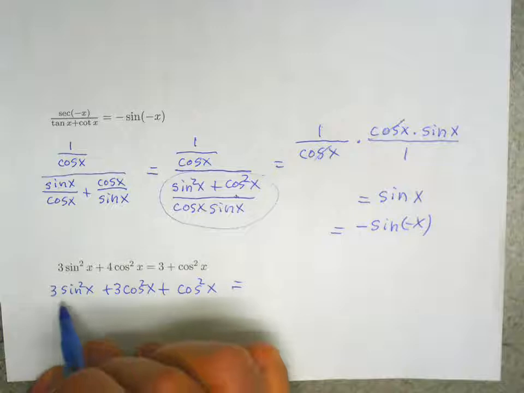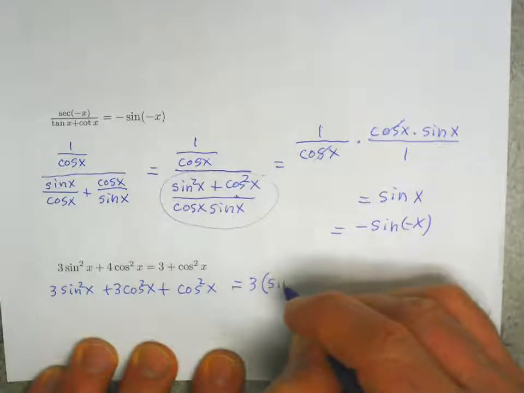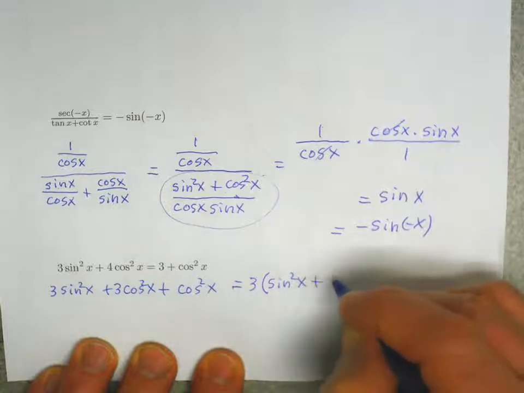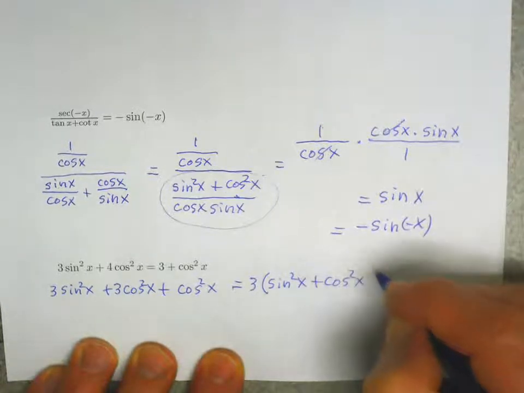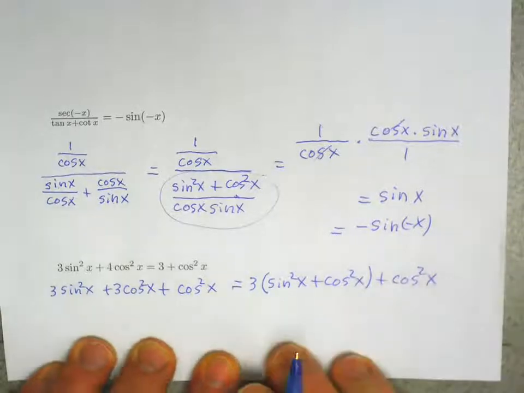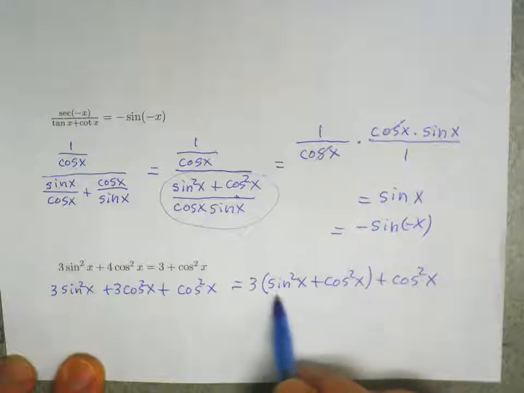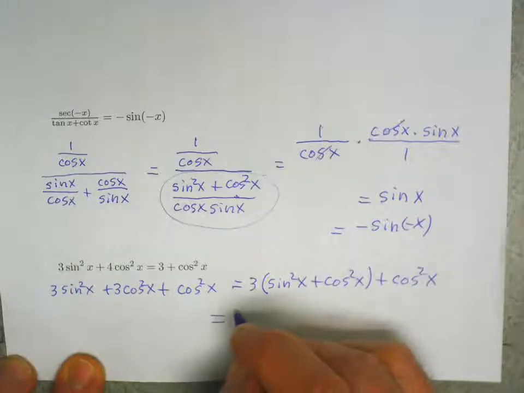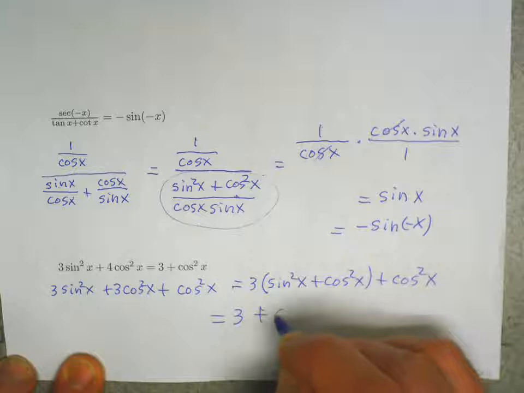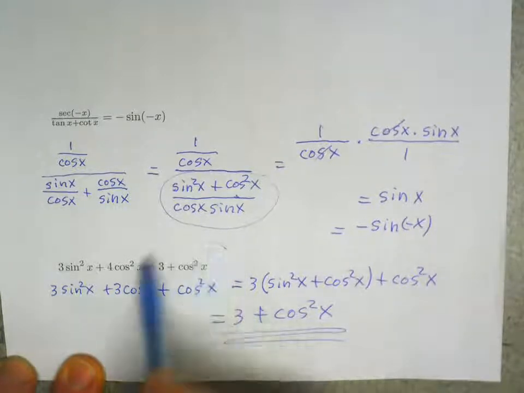Out of the first 2 terms, we can factor 3 out, so we have 3 times sine of x squared plus cosine of x squared, plus cosine of x squared. And sine of x squared plus cosine of x squared is 1, so we're just left with 3 times 1 plus cosine of x squared. We ended up with what we were supposed to.